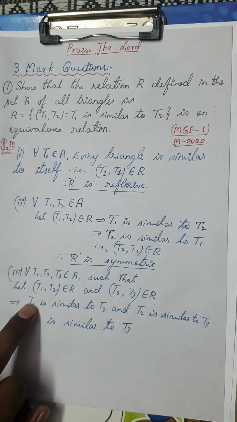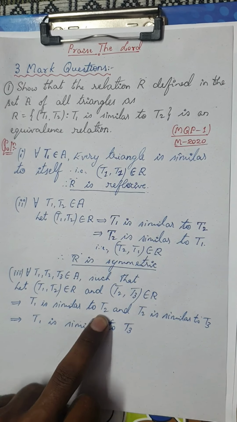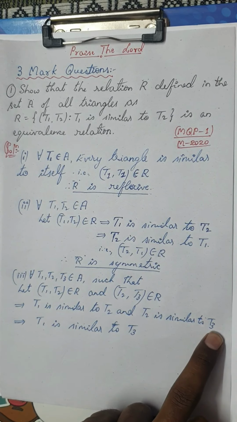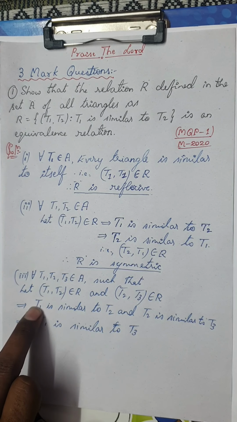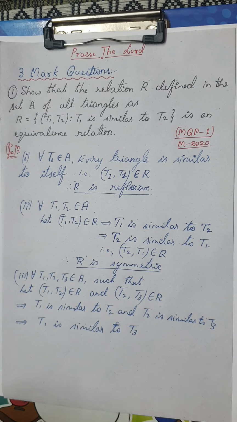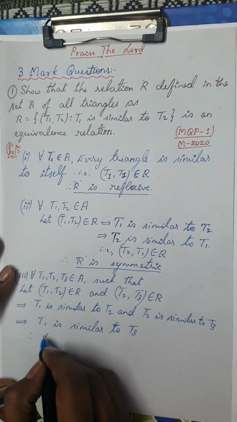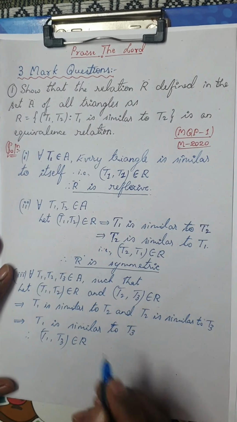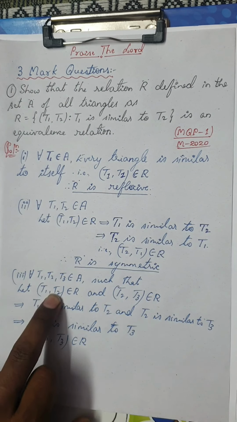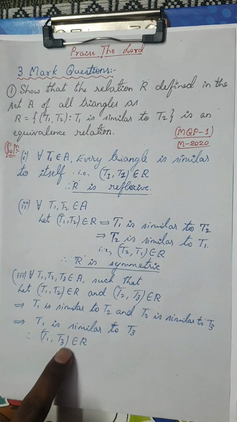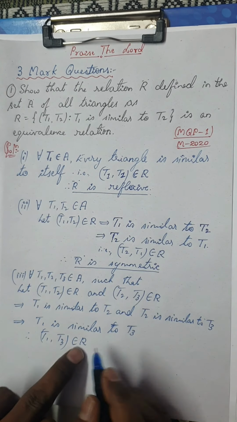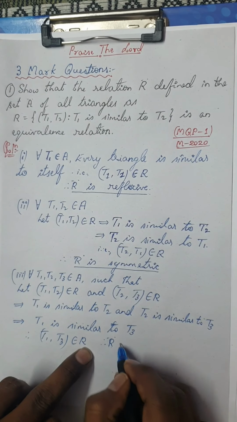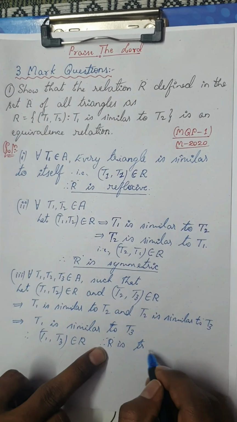If the first triangle is similar to the second triangle and the second triangle is similar to the third triangle, automatically the first triangle will be similar to the third triangle. Therefore, I get (T1, T3) belonging to R. So from (T1, T2) and (T2, T3), I got (T1, T3) belonging to R. Therefore, R is transitive.